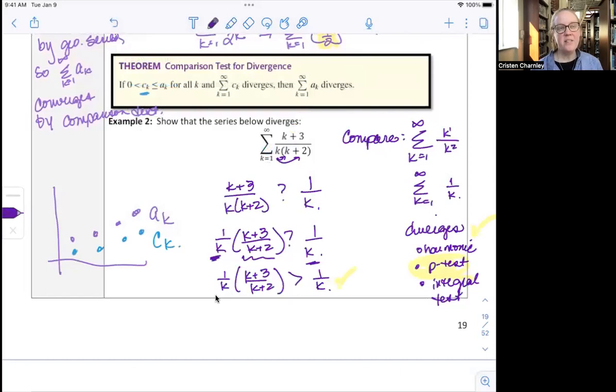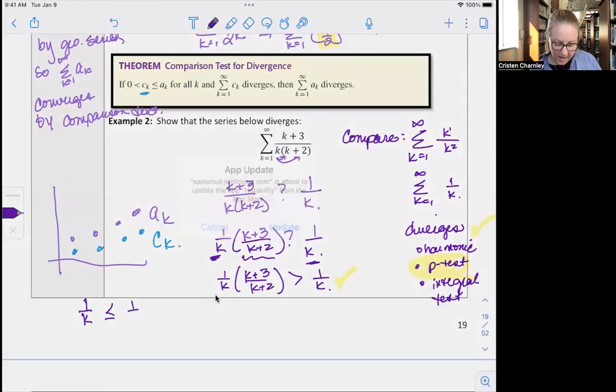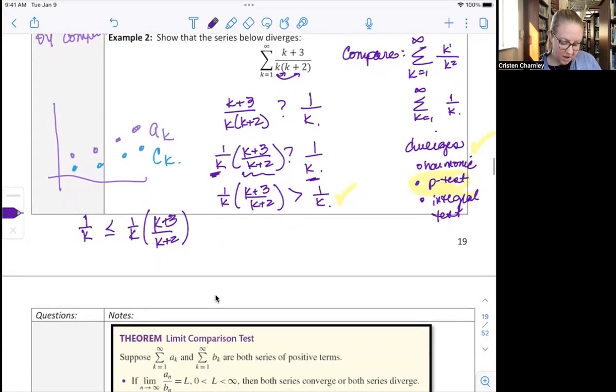You need to have enough to be able to show what test you used. So for this one, I might say 1 over K is less than 1 over K times K plus 3 over K plus 2. Okay, so I've established that it's smaller.